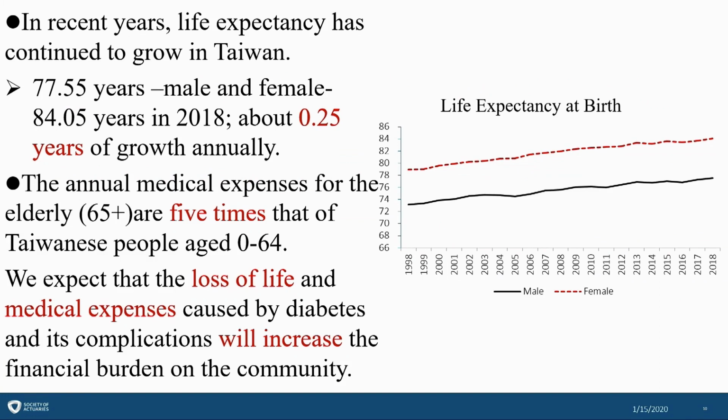Also, in recent years, life expectancy has continued to grow in Taiwan, by about 0.25 years annually. We expect that the loss of life and the medical expenses caused by diabetes and its complications will increase the financial burden on the community.